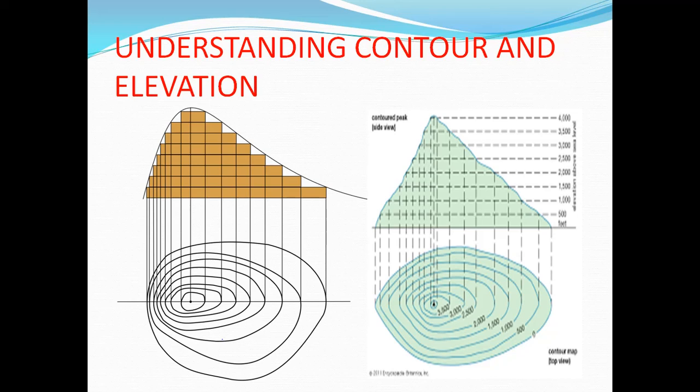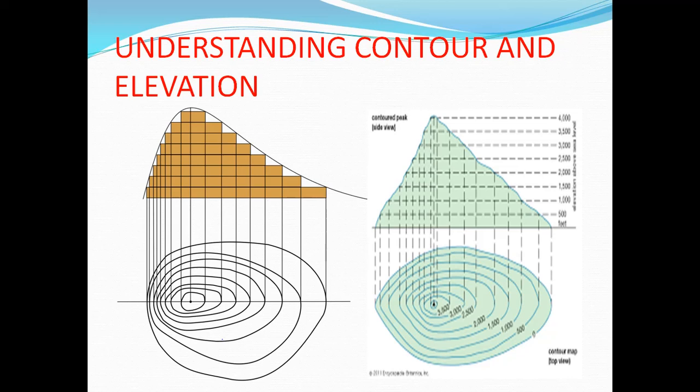So to identify different landforms through contour lines, you have to understand the shape and the way the lines have been drawn. If the lines are drawn with a little bit of space, then it is a gentle slope.